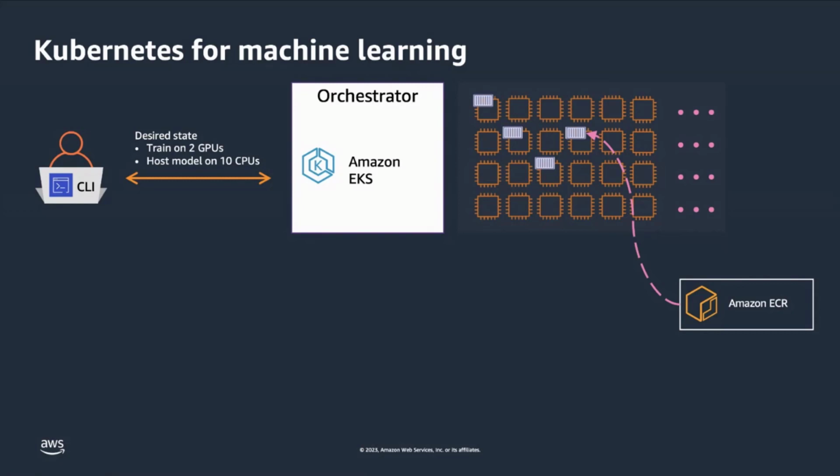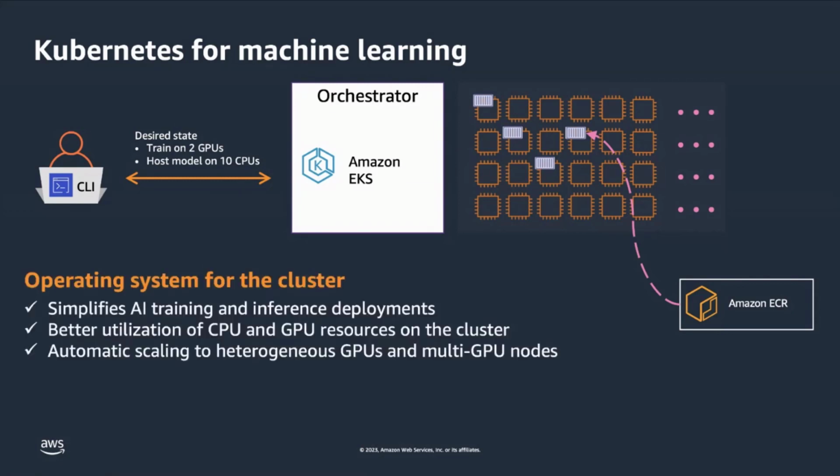Using EKS as an orchestrator, we can then place these, and what we're seeing here is the ability to use core binding, right? The ability to run on very specific GPU and compute instances.